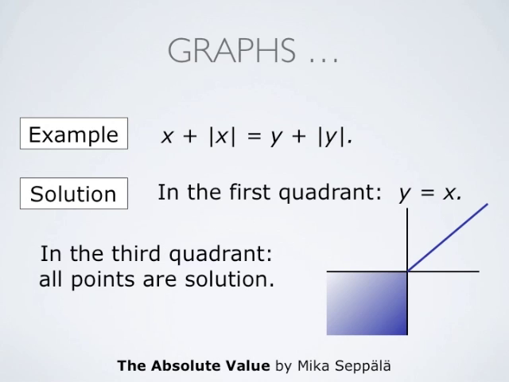We summarize that in the first quadrant the solutions are the line y equals x, and in the third quadrant all points are solutions, and so the graph of this equation is the blue graph shown here on the right.